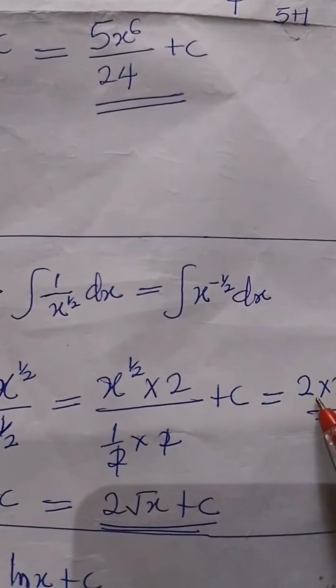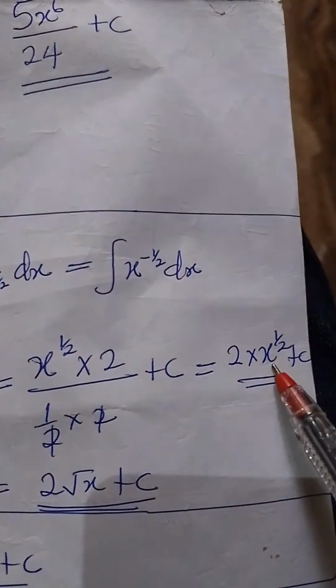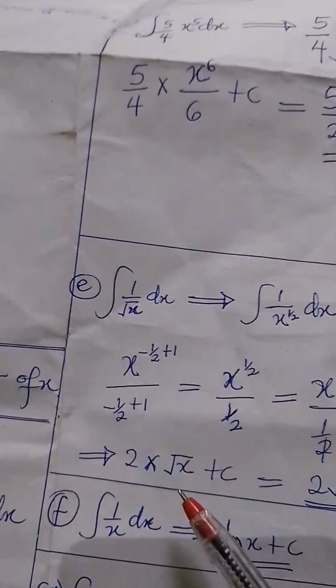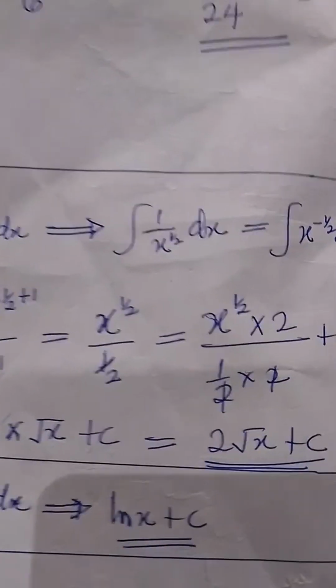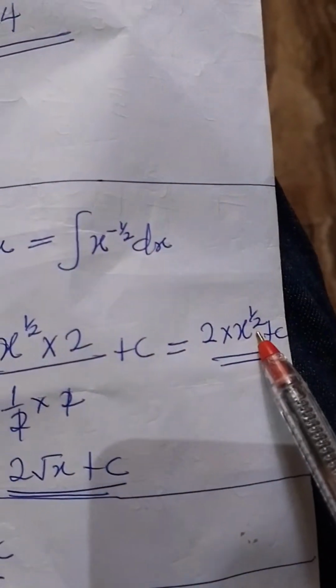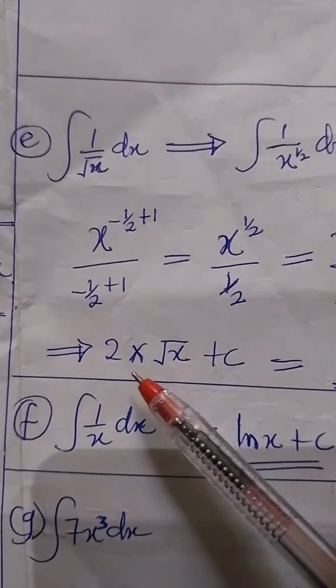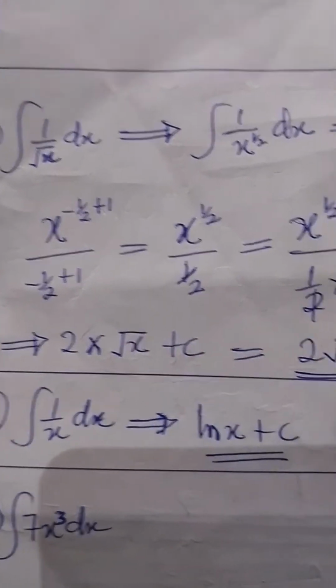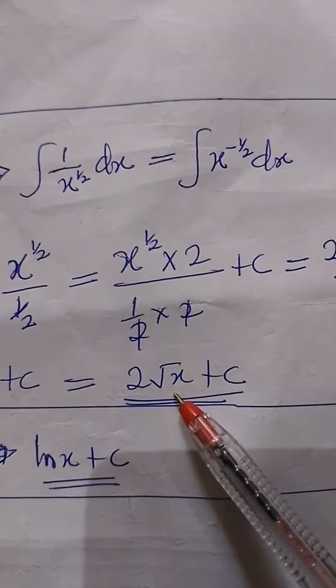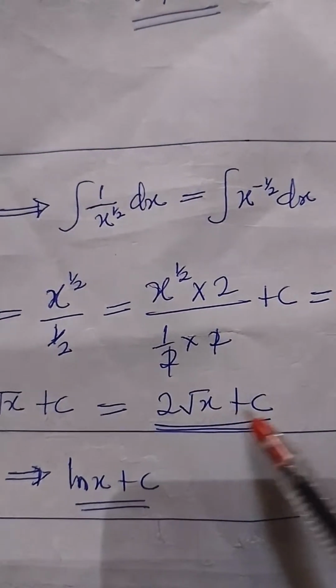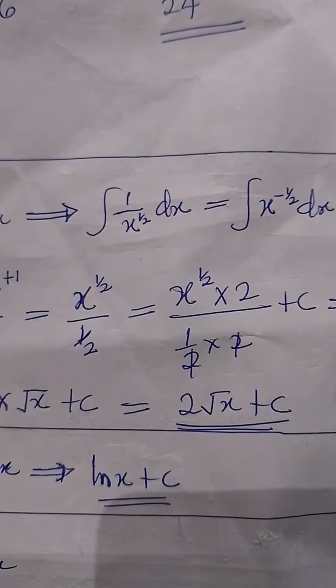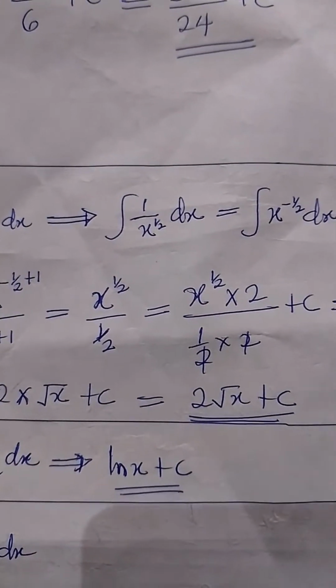So I have it as 2 multiplied by x raised to power half plus c. I can also rewrite x raised to power half to be root x. So 2 times root x. That will give us 2 root x plus c, and that will be the final answer for that.